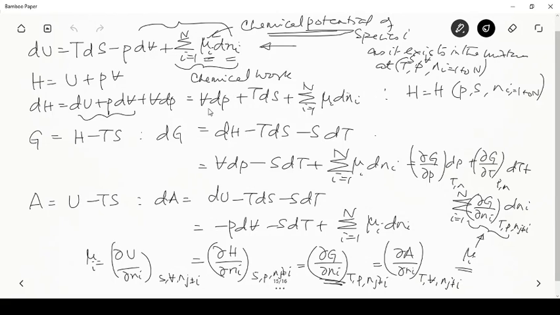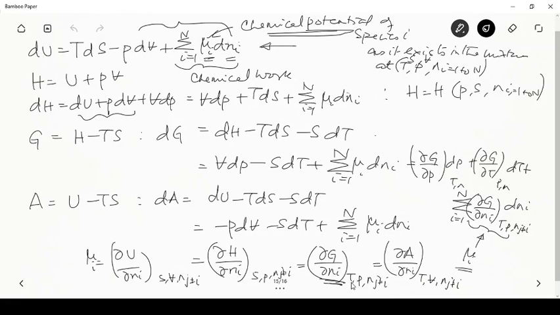From the second equation, we get it's a function of P and S. Okay, so del H by del Ni when S, P, and Nj not equal to i are kept constant. That is again the same mu i. The same mu i here actually becomes, when pressure, temperature, and all other species are kept constant, del G by del Ni, and when temperature, volume, and all other species are kept constant, del A by del Ni.